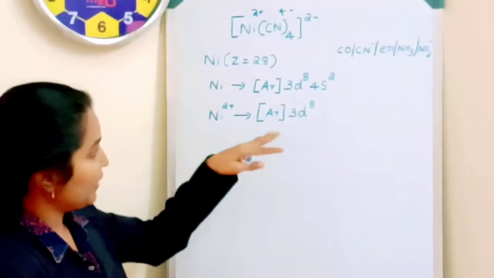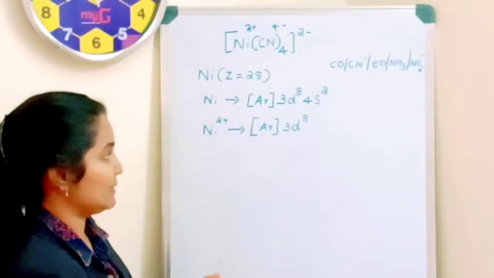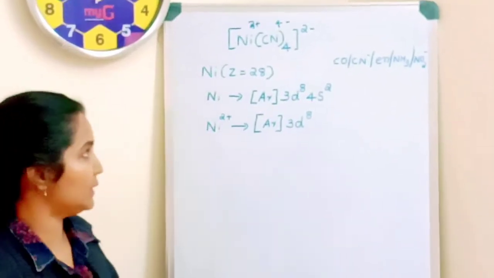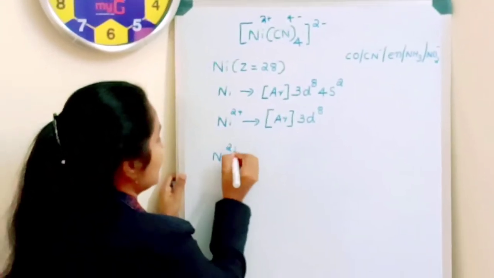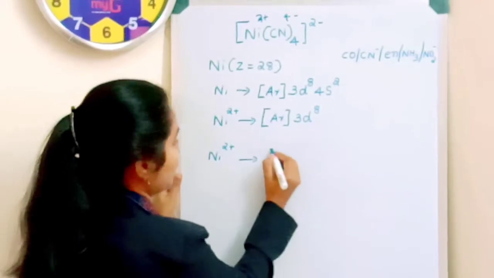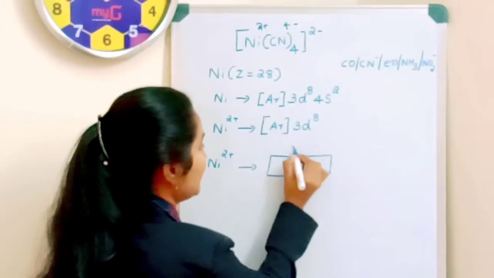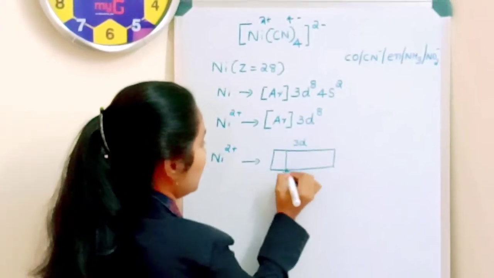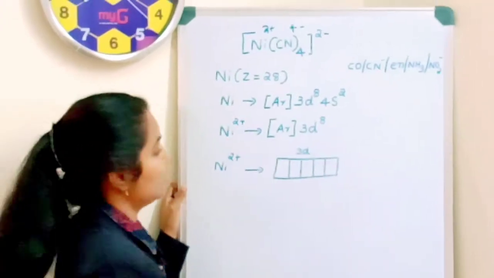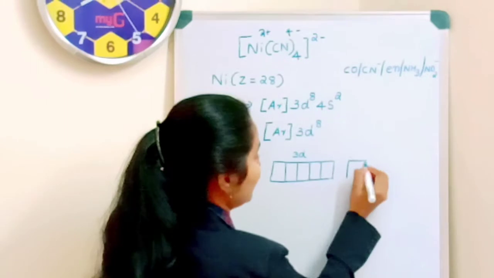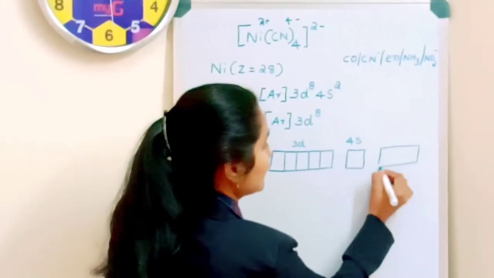Now we can concentrate only on the outer orbitals. We cannot draw all the orbitals here, so we concentrate only on the outer orbitals. Ni2+ we can draw like this. This is the 3d orbital. Now we have the 4s orbital, then we have the 4p orbitals.